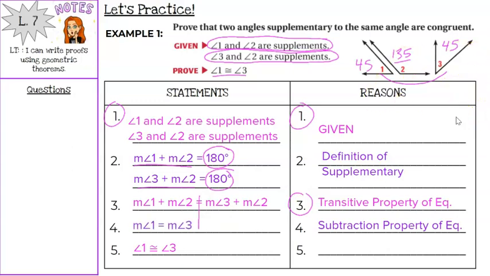We can subtract the measure of angle 2 from both sides, giving us the measure of angle 1 equals the measure of angle 3. And since we wanted to prove that they were congruent, if our measures are equal, we can say that the angles are then congruent because of our definition of congruency. So this is to prove the congruence supplement theorem.